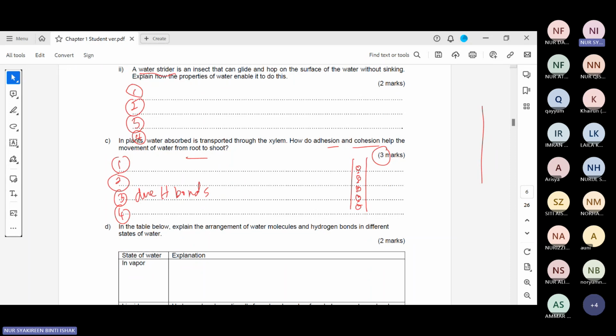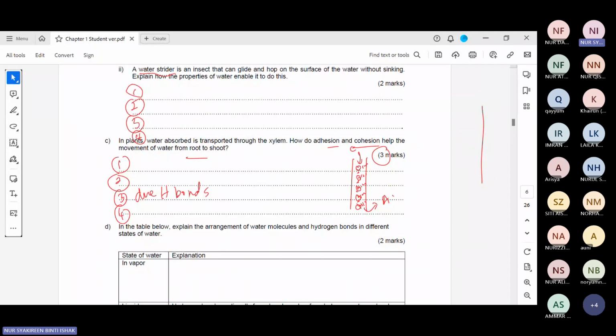To prevent the water molecules from falling back down due to the pull of gravity, the water molecules stick to the cell wall of the xylem. This is adhesion. Adhesion helps resist the downward pull of gravity. So cohesion and adhesion create the column of water.